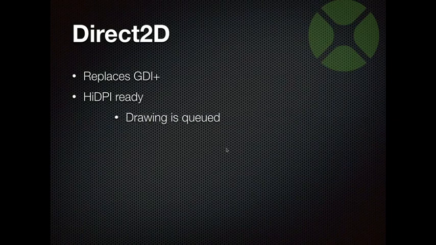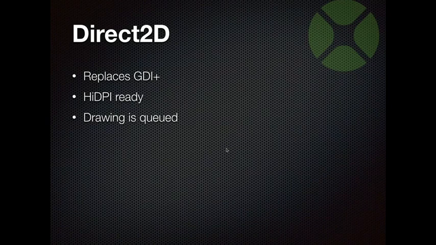All right, so let's talk about Direct2D and why we moved in that direction. So Direct2D is a replacement for GDI+. It's high DPI ready. So the drawing is queued. You'll notice in GDI that each time you initially call a GDI function, it draws immediately.